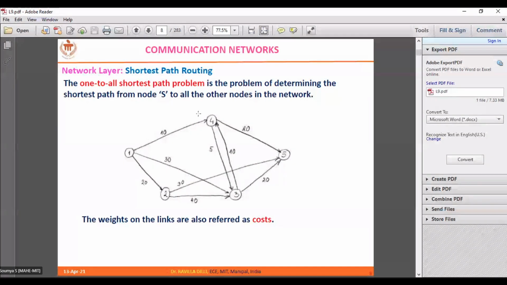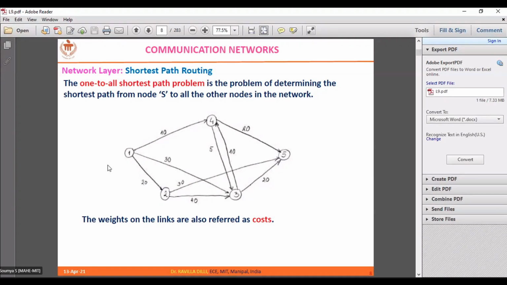Okay? So now what you have to find out: I want to travel from say node 1 to node 5. If I have to travel from node 1 to node 5, what would be the path that I should take through which I am going to spend the least amount of money?